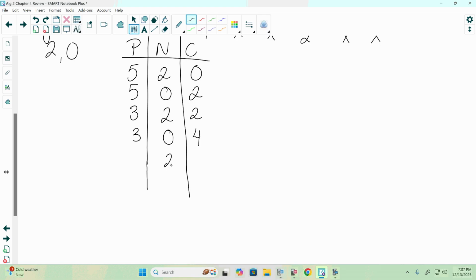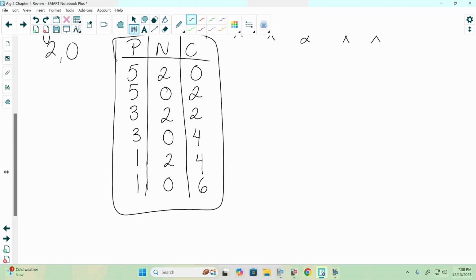Can't take any away from the negatives, so I can reset it because I can take one last group of 2 from the positives. So I can have 1 positive, 2 negative, and 4 complex. And lastly, we could have 1 positive, 0 negative, which would mean we'd have to have 6 complex. And that there is our final answer for this with Descartes' rule of signs.